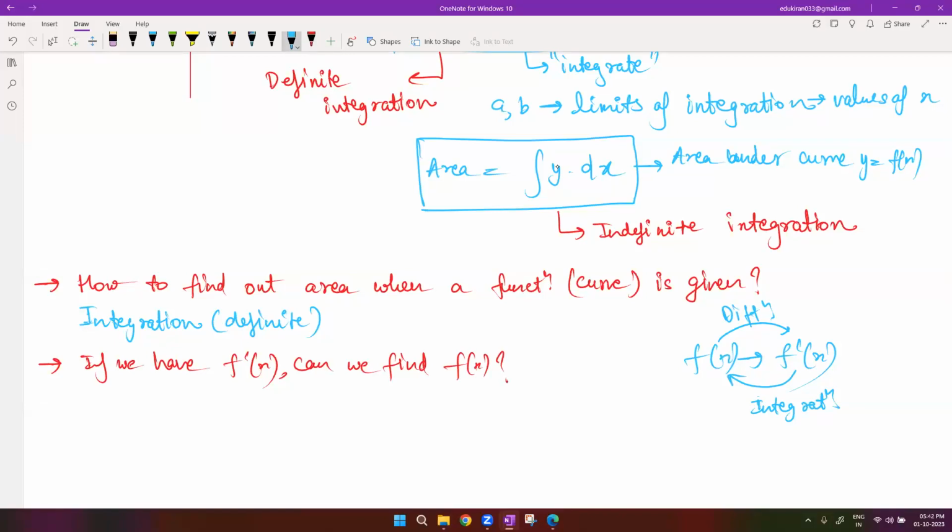The answer is again yes, using indefinite integration. So these are two forms of integration, which are made by answering specific questions.